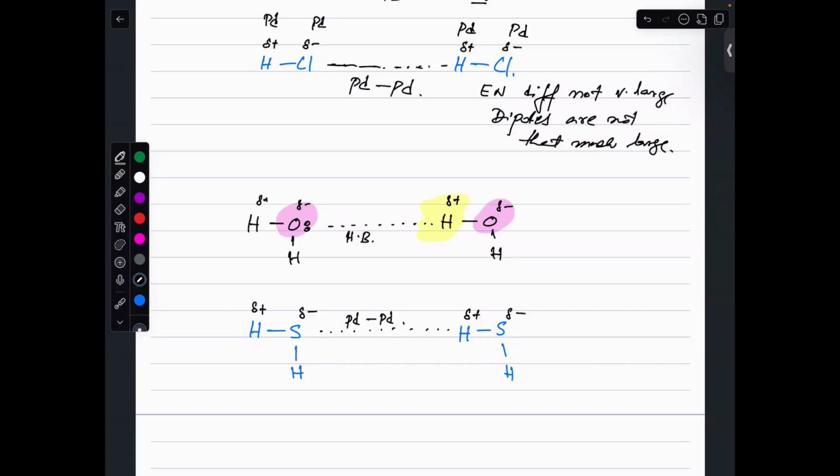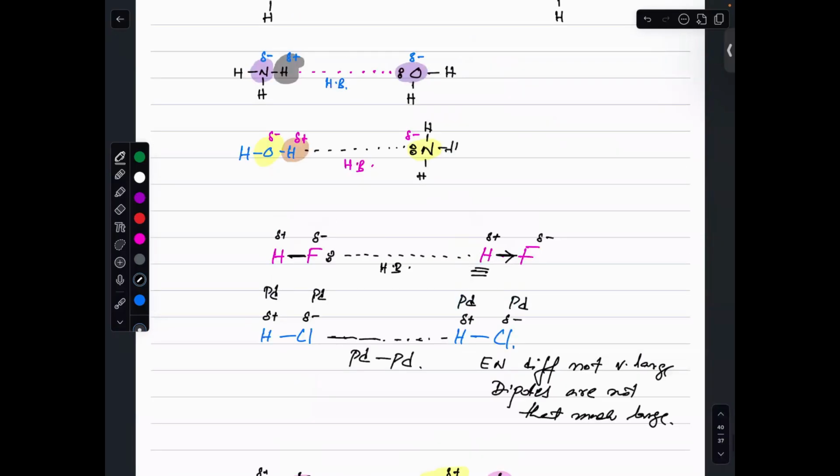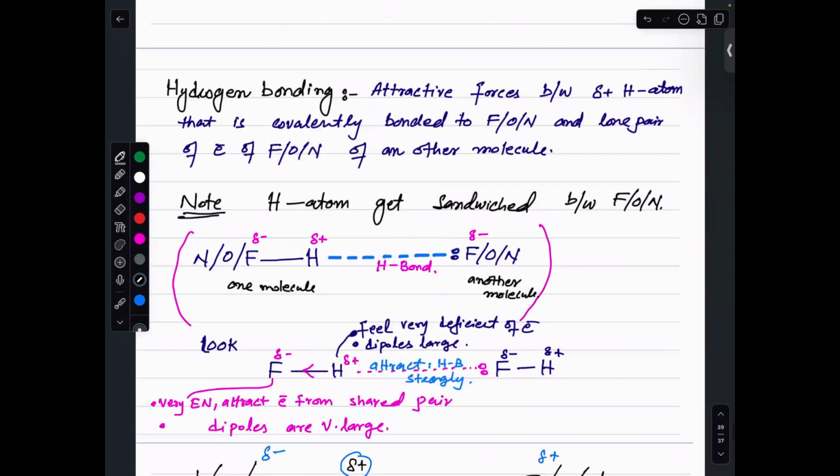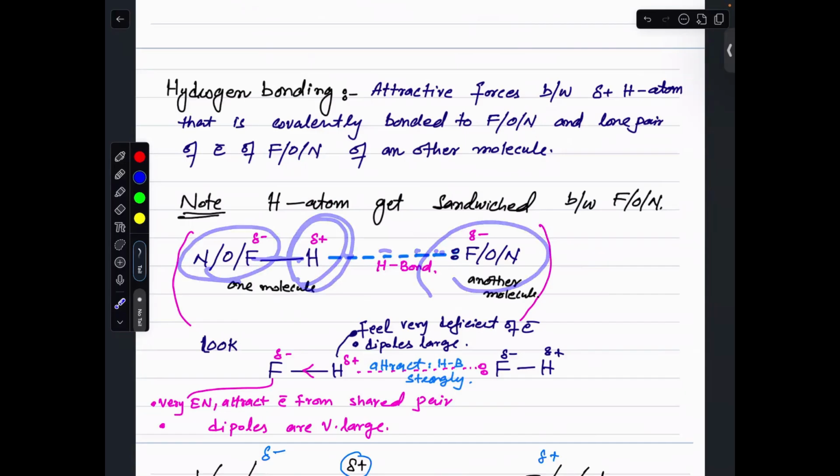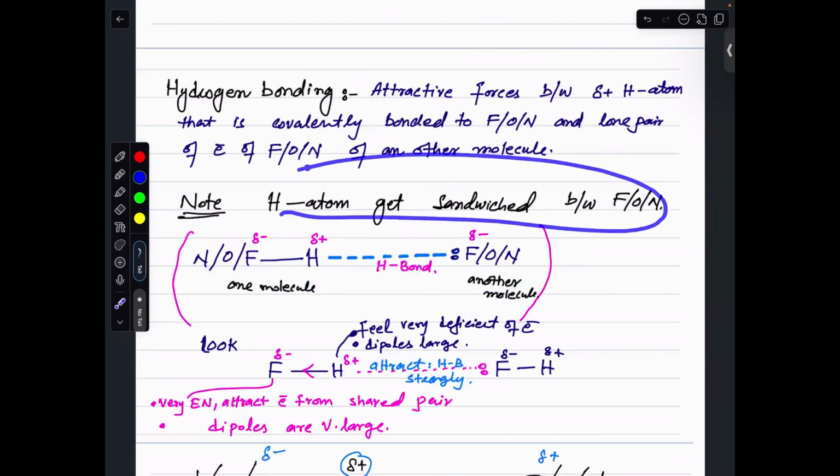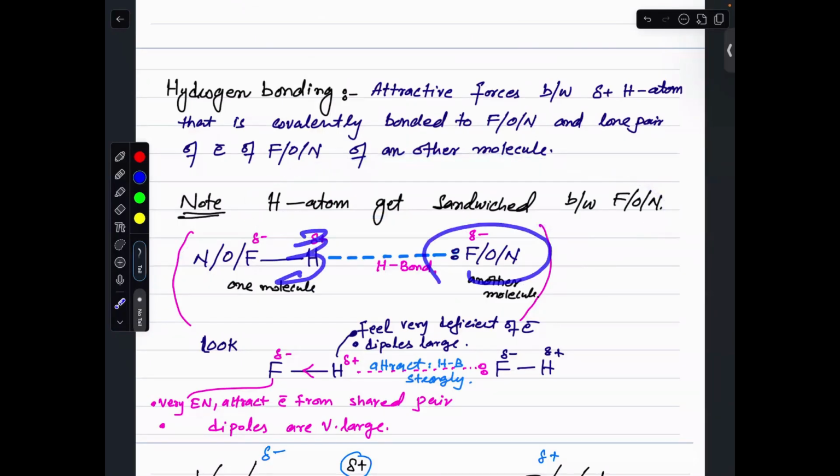So, in hydrogen bonds, what I told you is that the hydrogen that is partially positive and covalently bonded to FON attracts the lone pair of FON. And second, the hydrogen gets sandwiched between FONs. If the hydrogen is not between FONs, you will not call this a hydrogen bond. You will call it PD-PD interaction.